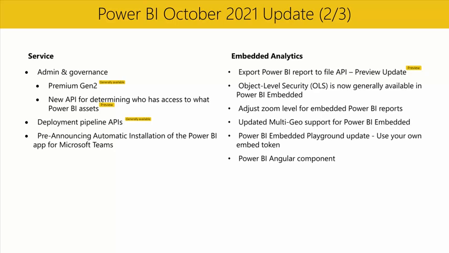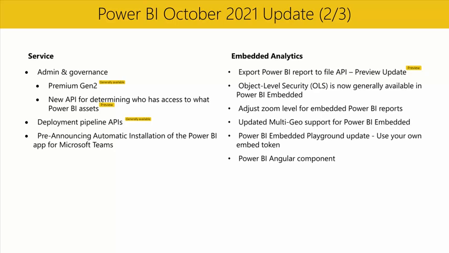Next, you can now embed a report in the Playground Developer Sandbox by using your own embed token. This is in addition to the existing options of embedding a sample report or selecting one of your available Power BI reports. If you're using the Embed for your customers solution, you'll be generating embed tokens using REST APIs to let your app know which Power BI content can be accessed by its users and what their access level is.